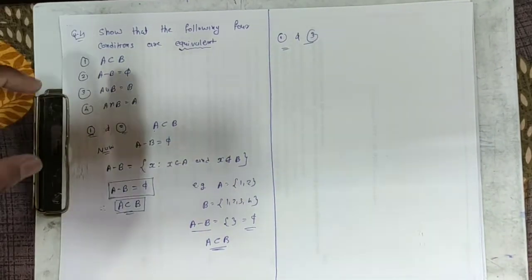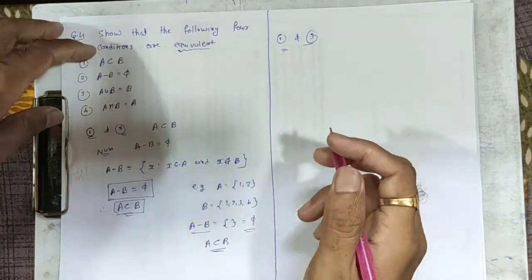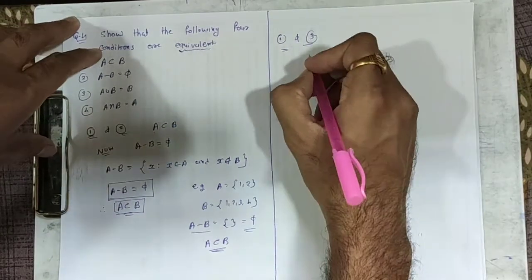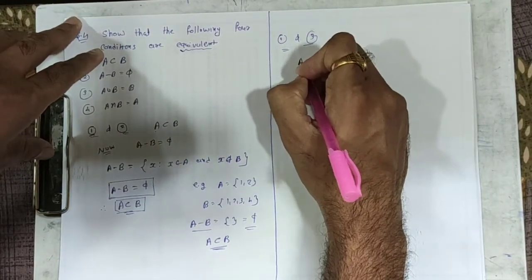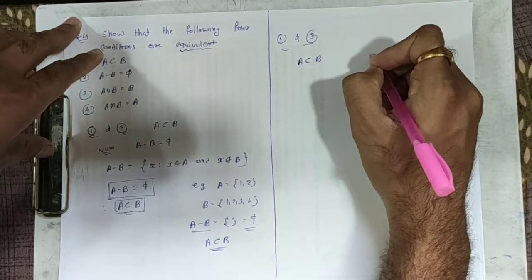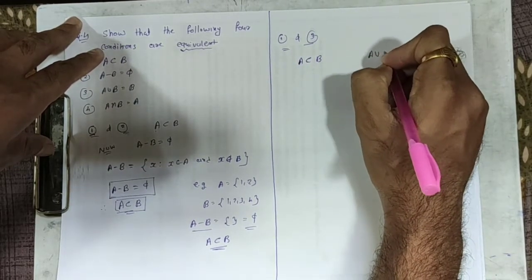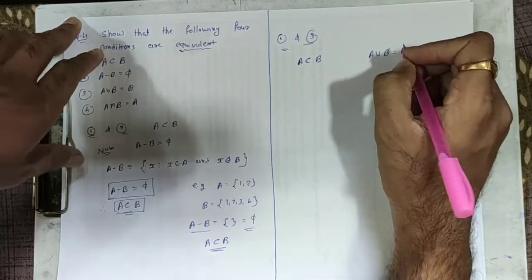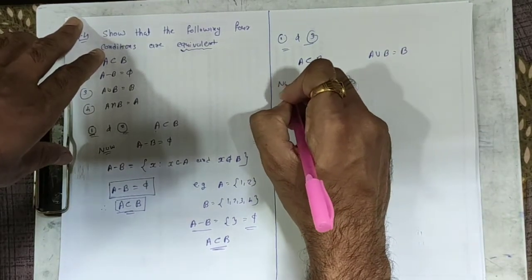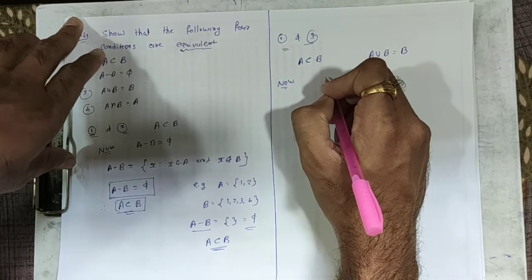So the given third condition is A union B. The first condition is A is a subset of B, and condition number 3 is A union B equals B. So now let's start with x.